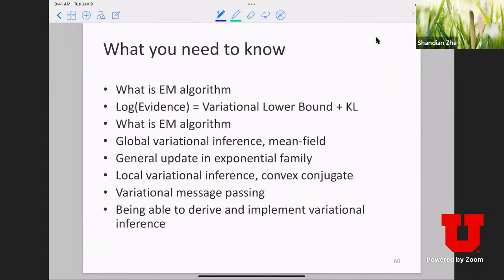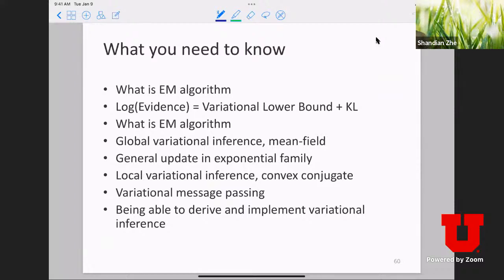So now we have given a general introduction to the variational inference algorithm. The variational inference algorithm can be viewed as built upon the EM algorithm. But the EM algorithm is an exact inference algorithm because each time you're assuming you're able to compute the true posterior under the current model parameters, which is called the E-step.